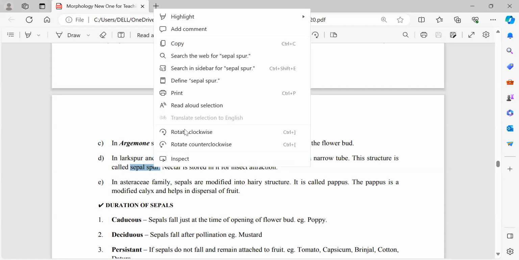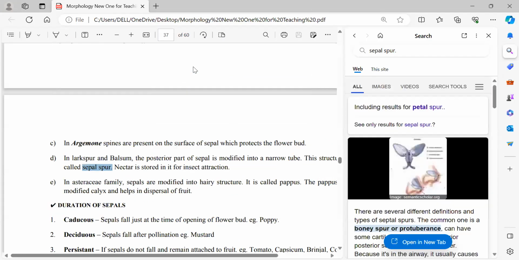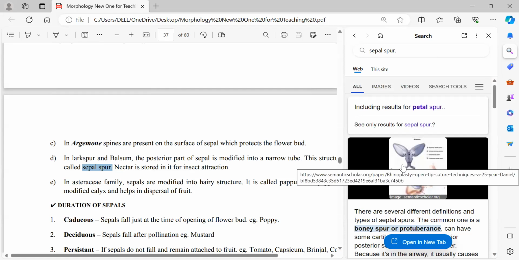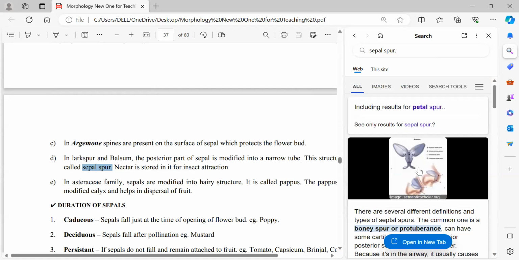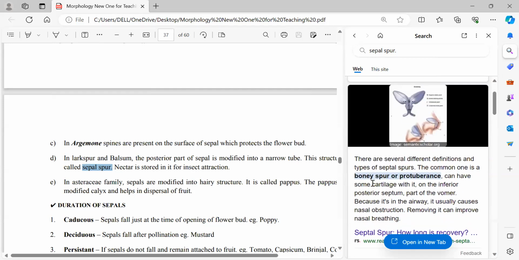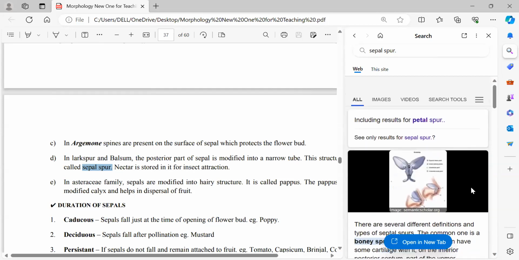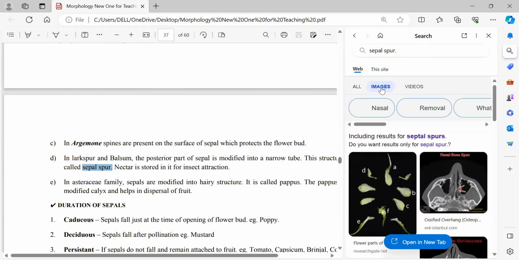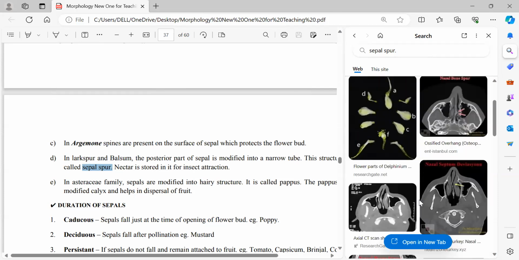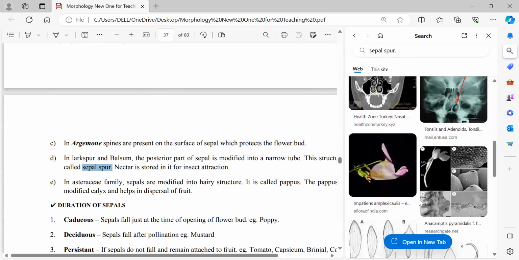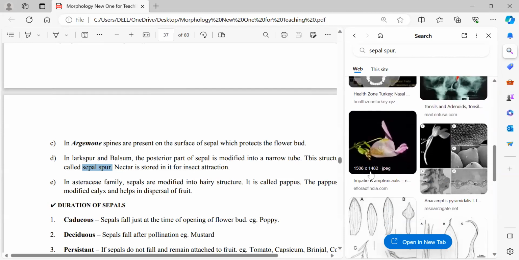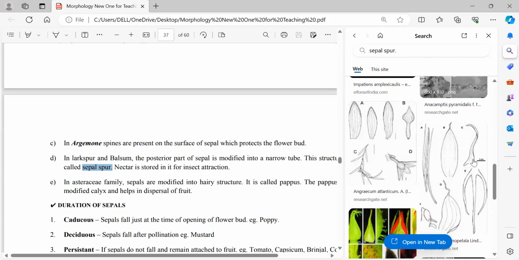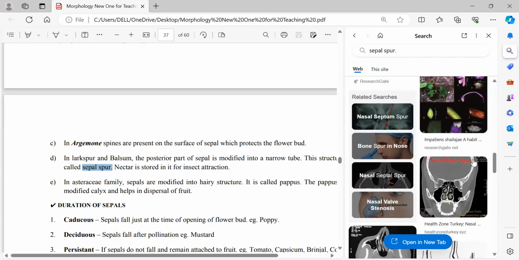कौन सा डाउट? देखिए, ये है सेपल स्पर. देखिए this is sepal spur. ये एक प्रोट्यूबरेंस जैसी निकलती है, एक आउटग्रोथ जैसी निकलती है. आपको दिख रहा है? हेलो.